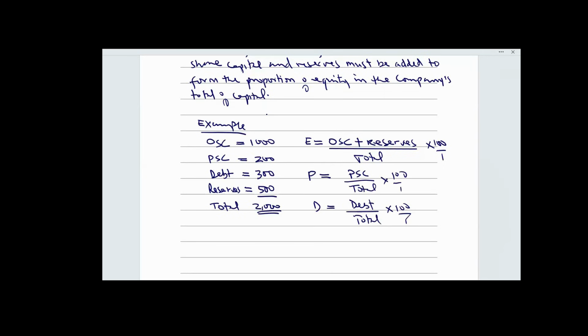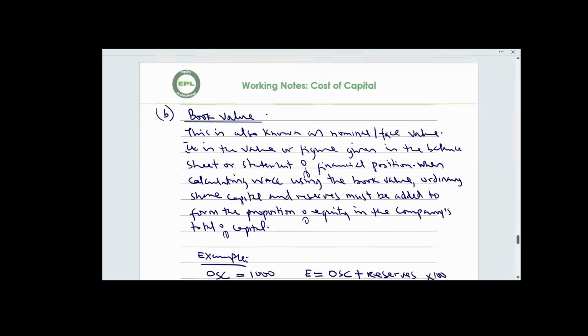So in essence, when you are using book value to calculate WACC, you must add ordinary share capital and reserves together to form the proportion of equity in the company's total pool of capital in the capital structure. But if in the question you don't have reserves, then just use only ordinary share capital. You use only ordinary share capital where there are no reserves. All right, so that's that.